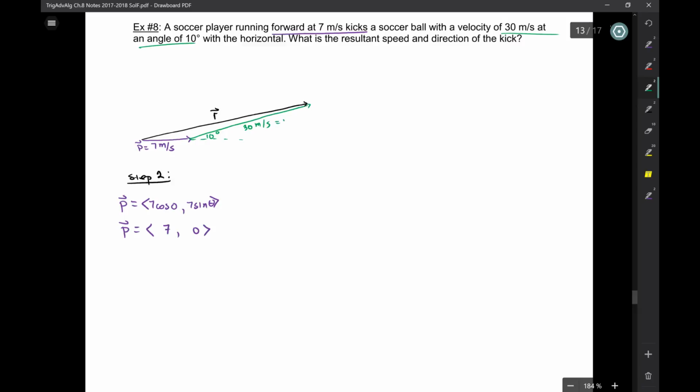All right, what's the other one? Well, let's call that vector B for the ball. Or K for the kick, it doesn't matter. So now that's going to be 30 cosine 10, 30 sine 10.